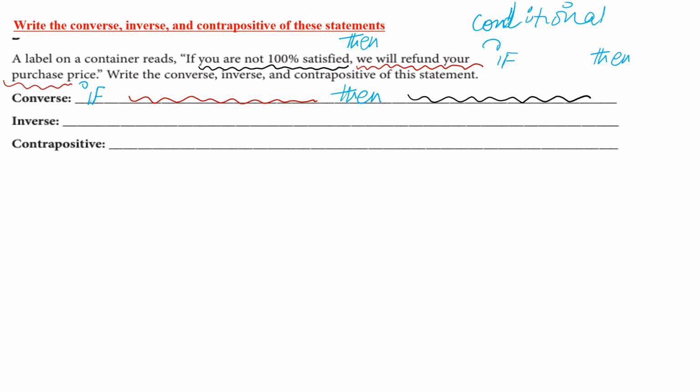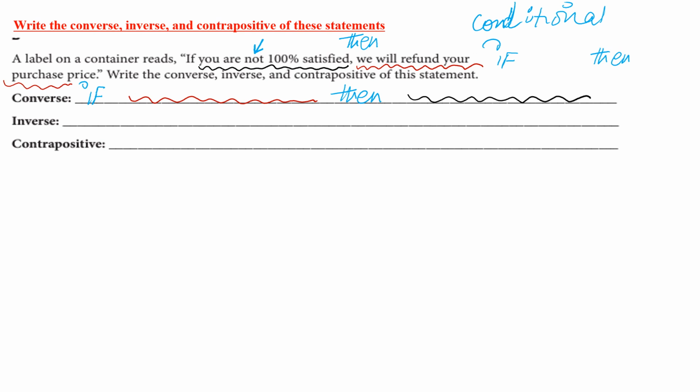Now inverse is actually the negation of a conditional statement. So I have to add the not, and if there is already a not, then I have to remove it, and keep the if and then at their own places. Here it's already a negation, you are not, so I cannot write not not.